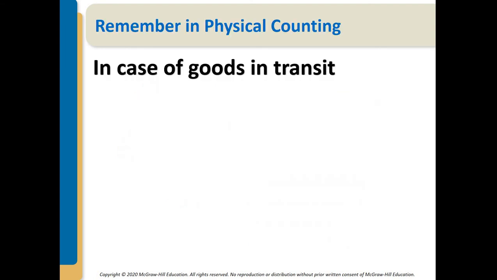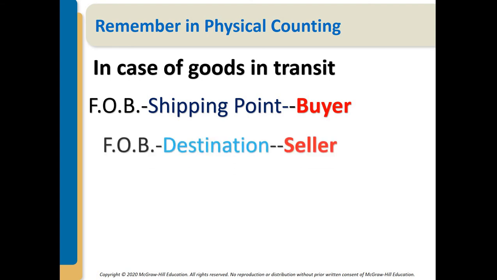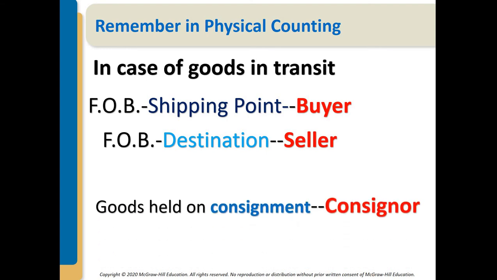Just remember these things. In the case of physical counting of inventory, for goods in transit, free on board shipping point, the ownership goes to the buyer, and free on board destination, ownership goes to the seller. And in the case of goods held on consignment, the ownership goes to the consignor.